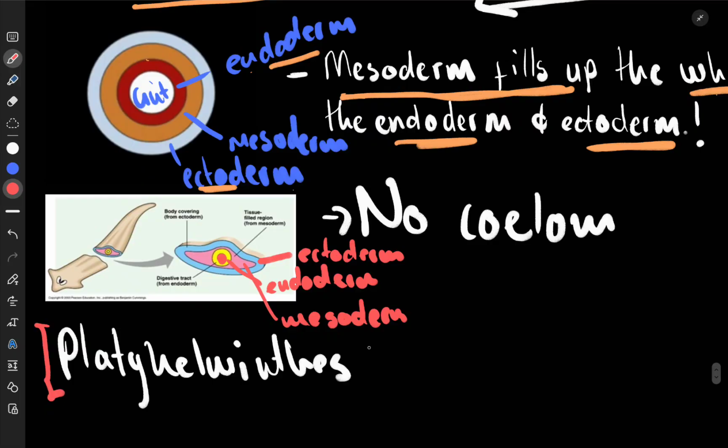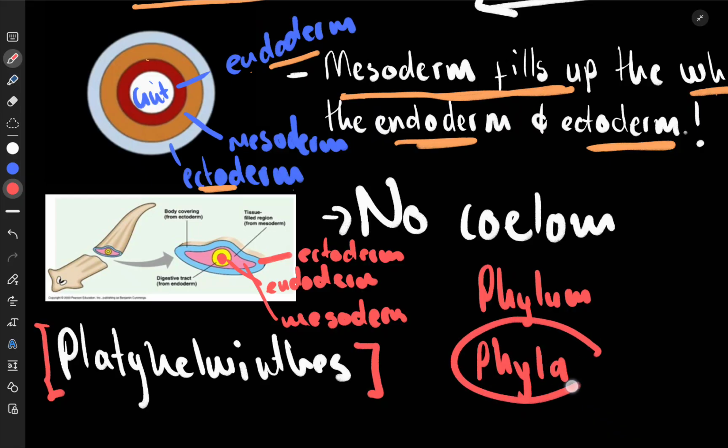And which phylum belongs there? When it's one, we say phylum. When there are many, we call them phyla. Okay? And what we are doing is called phylogeny, which means grouping animals by their phyla. Remember, phyla, plural. One, phylum.